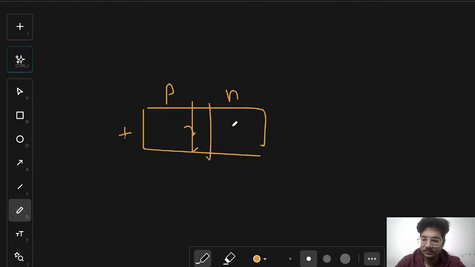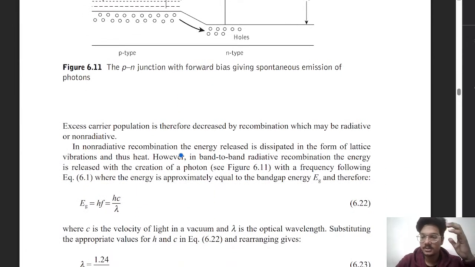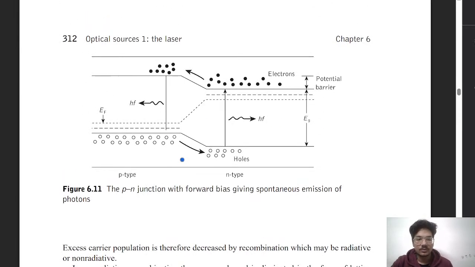So what happens in forward bias? Electrons move from the n side to the p side, and holes move from the p side to the n side, and the injected carriers recombine at the junction.